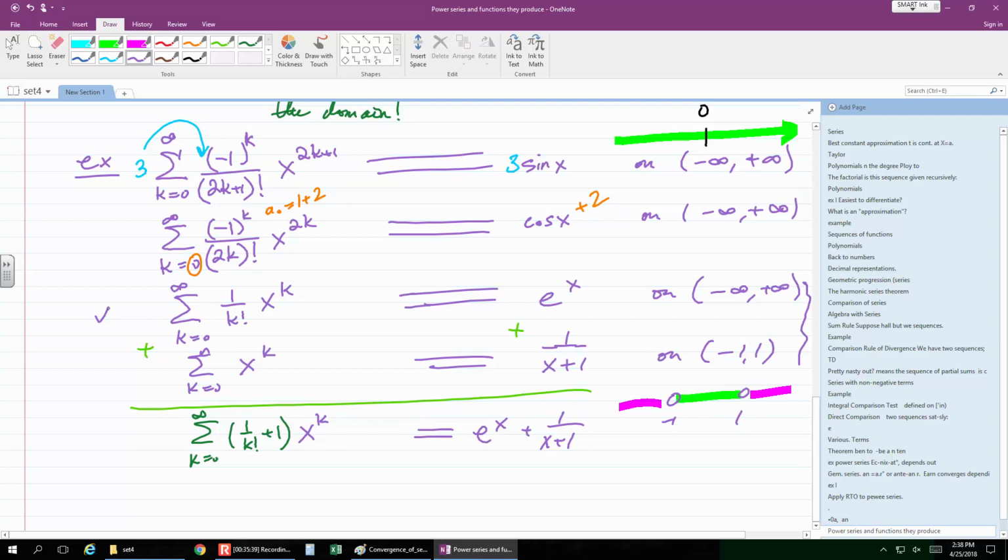Imagine differentiating term by term. What's going to happen? Term by term means that you could ignore the sigma and just do differentiation inside of each of the terms. So what's going to happen to x^(2k+1)?